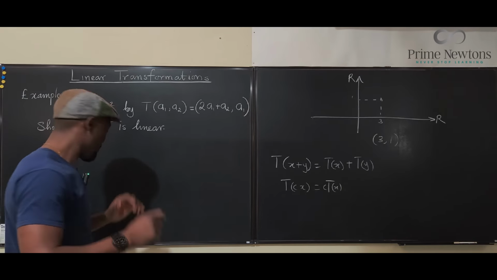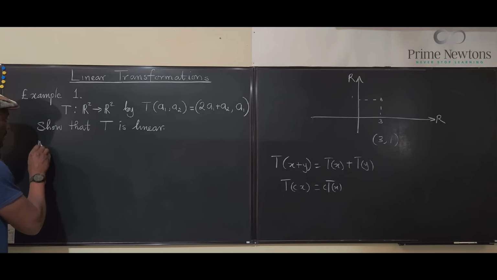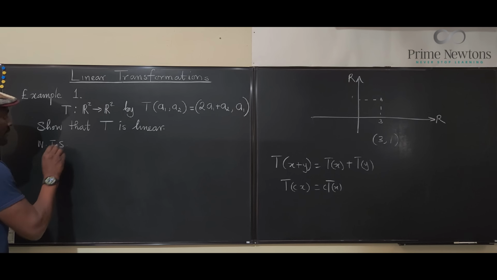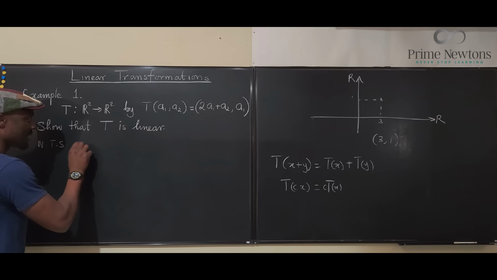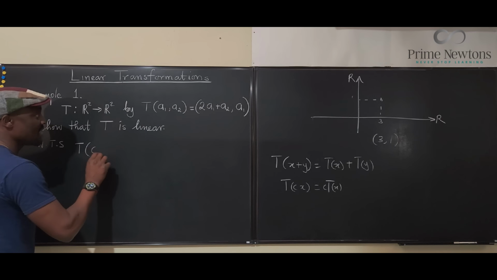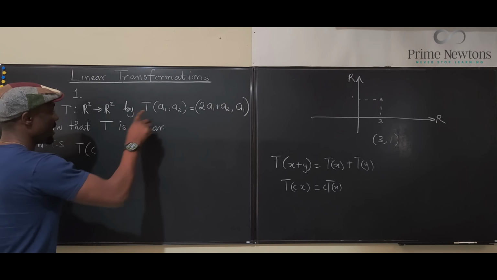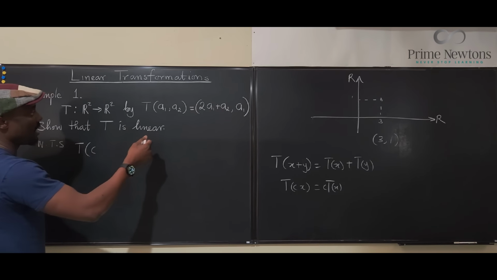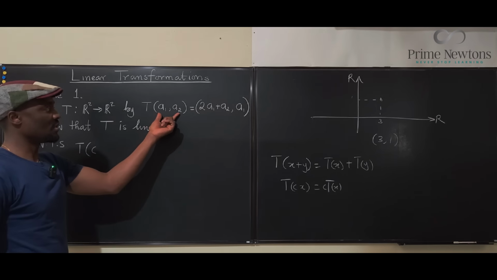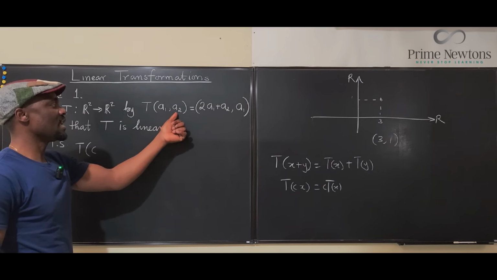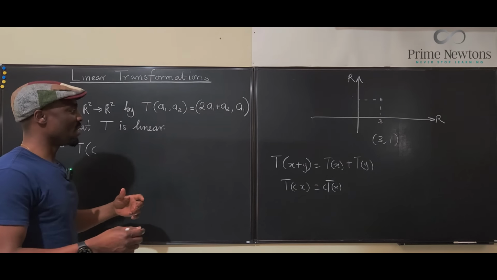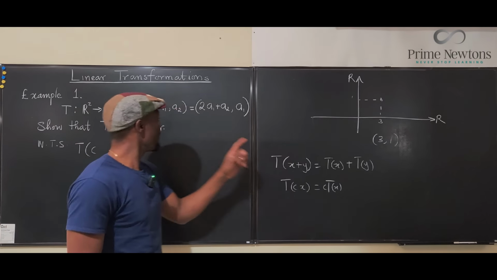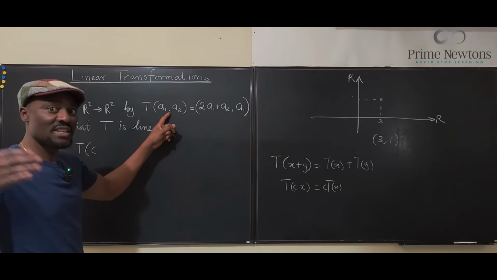What we want to show is that T of c times, okay, let's just write it. T of c times, this is what is being transformed. But you see, you have A1, A2. We need another one because we need two of them. Here we have just one point. We'll need to get another point.